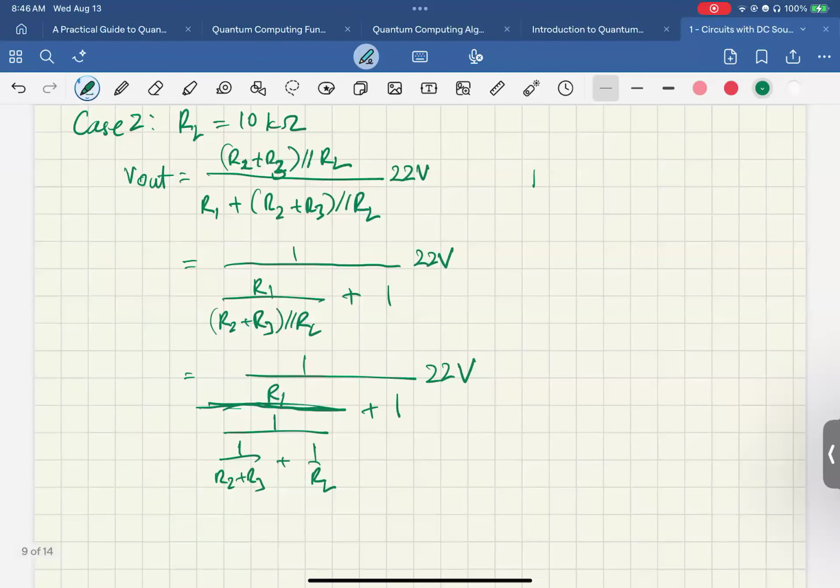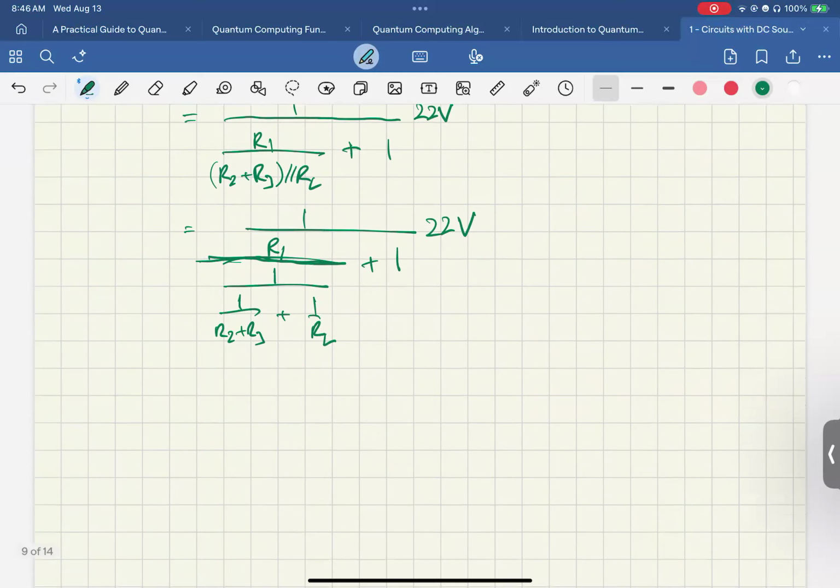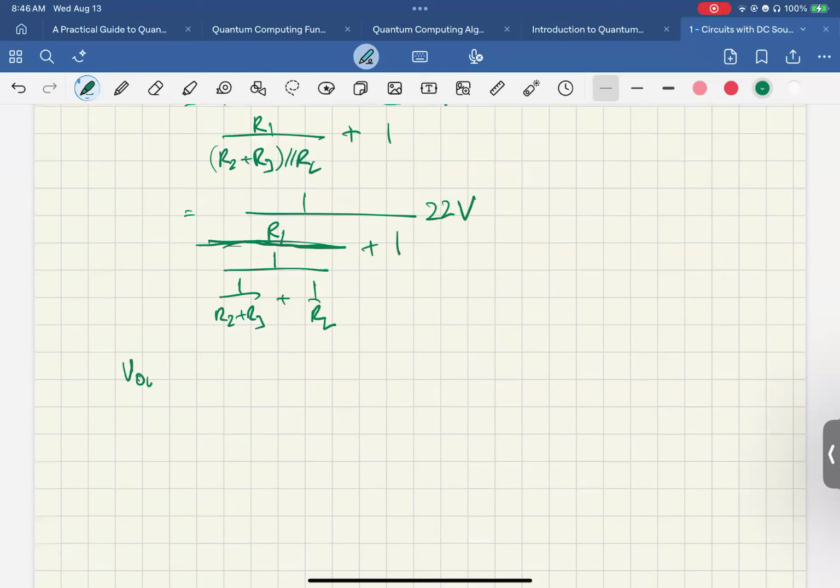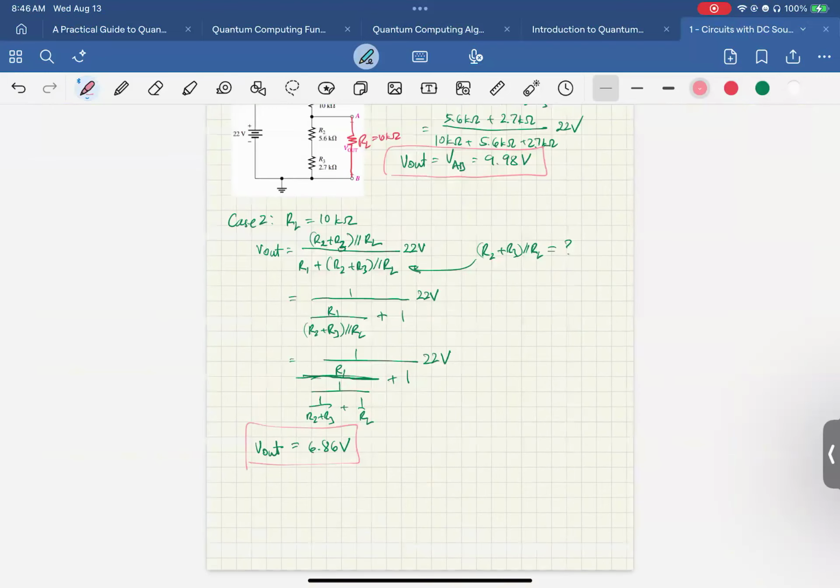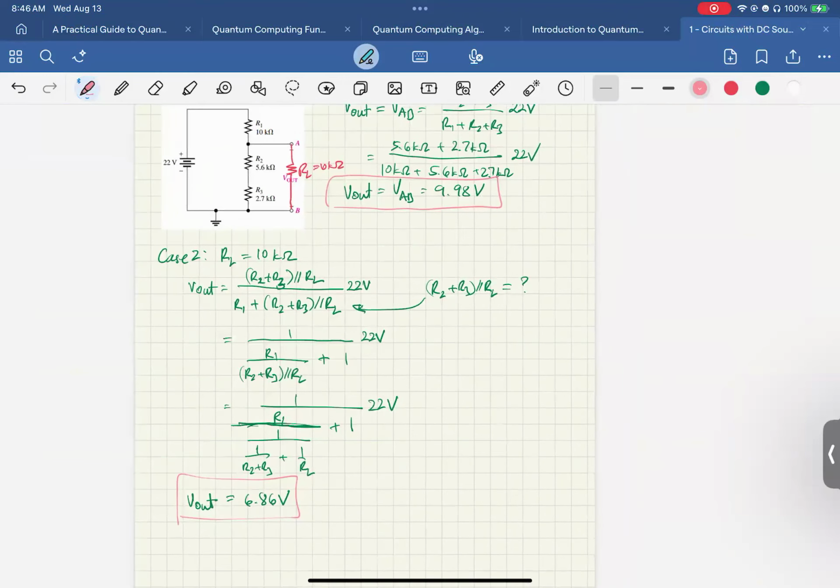Of course, yung isang efficient is just solve for R2, R3 parallel to RL. Solve nyo muna yan and then saka nyo i-plug in dito sa equation yan. So when you do that, you get an output voltage which is 6.86 volts. Well, analyze natin, compare natin yung results.